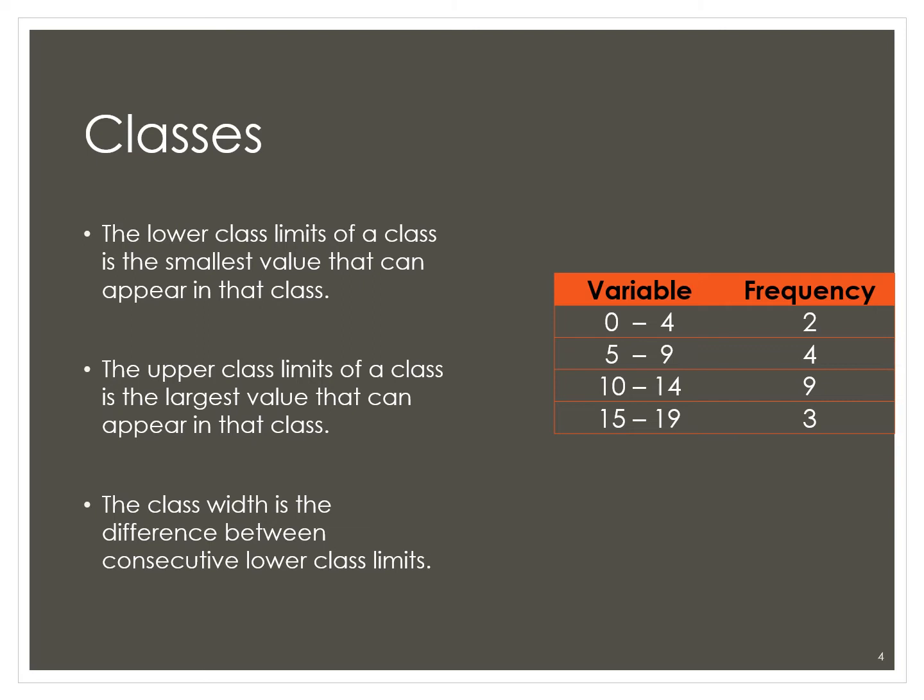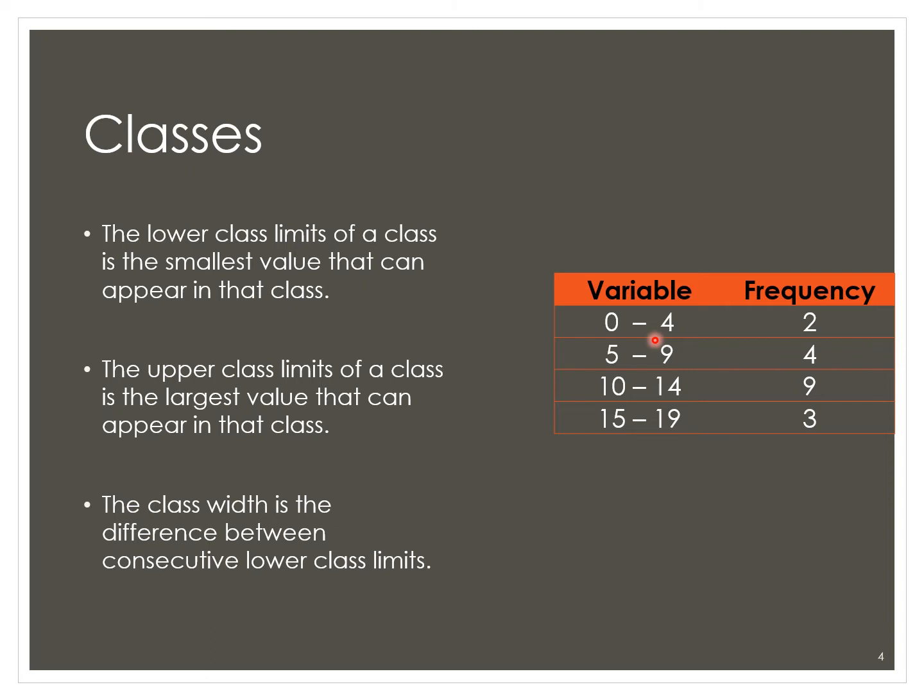What is class width? Class width is, we can say, how many elements are in each class. For example, when you look at the first class, it ranges from 0 until 4. Basically, the class width is 5 because 0, 1, 2, 3, 4. There are 5 values.